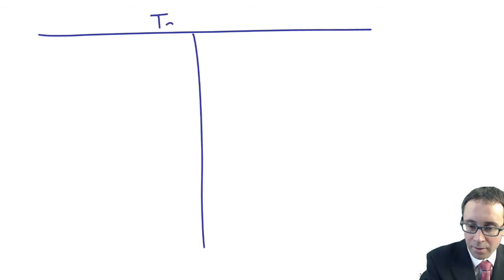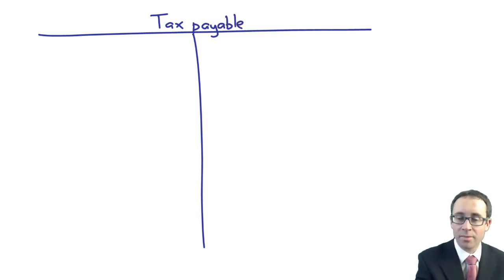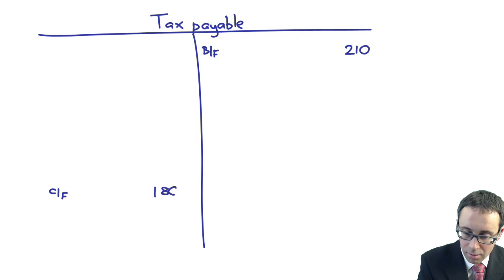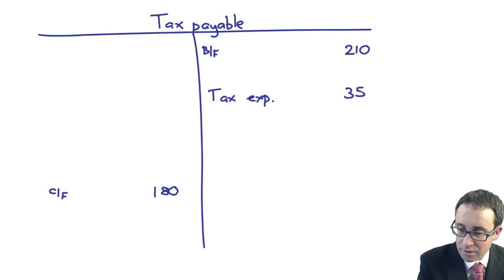is your tax payable, isn't it? Or using your tax payable T account to work out the tax paid. So you've got there your opening tax liability was, I think, 210. Your closing tax liability is 180. Your tax expense that you have is there as 350.